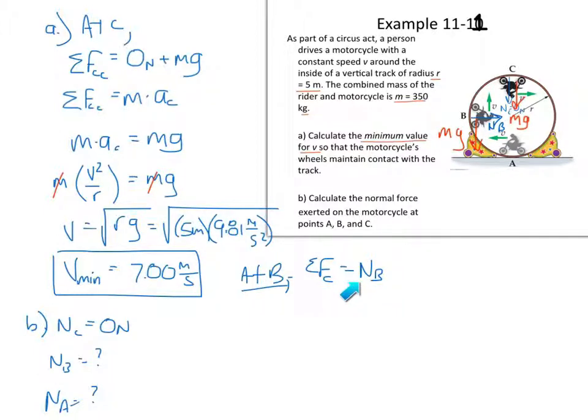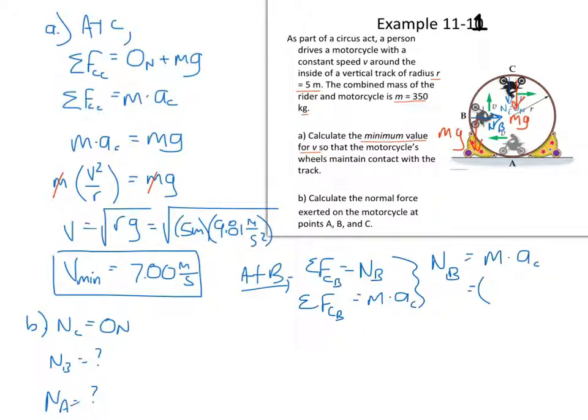All right? Well, what's the other way that we can state the net centripetal force at B? I should put a little b right there. Well, that's mass times centripetal acceleration. All right? These two things being equal, we can say then that the normal force at B equals mass times centripetal acceleration.